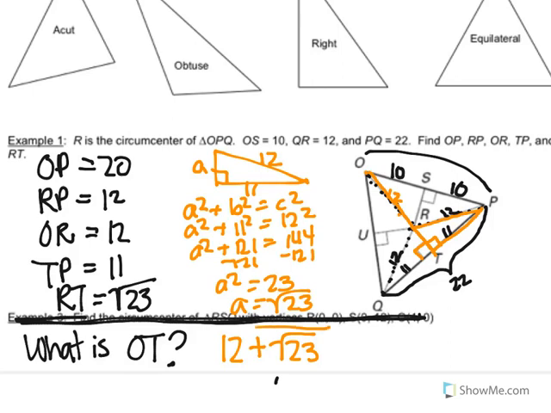You can't combine those because you can only combine radicals with other like radicals. It's like x's can only be combined with other x's. So this is the way we have to show it. You cannot say 12 like this, because that would be 12 times the square root of 23. So we leave it 12 plus the square root of 23. Okay, good. Let's go on to the back.